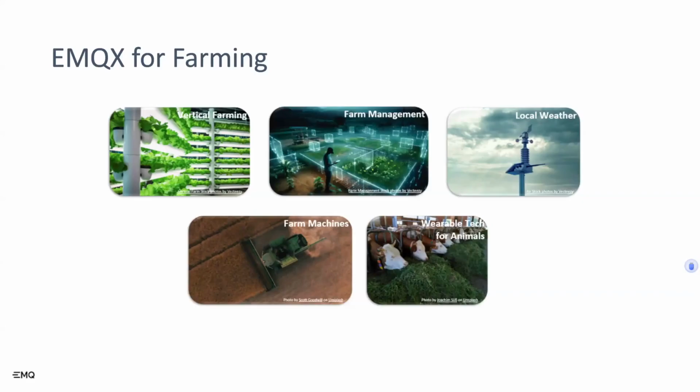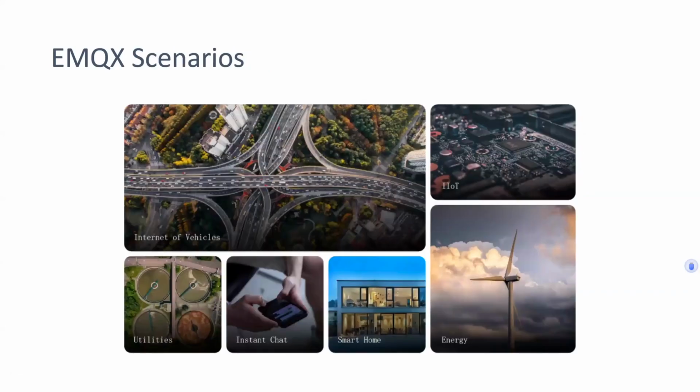And so, usually we will talk about EMQX's biggest scenarios like Internet of Vehicles, industrial IoT, and utilities, the device networks for water and electricity. And we can also serve internet applications like instant chat, and also building tech or smart home, and also wind farms or solar farms.